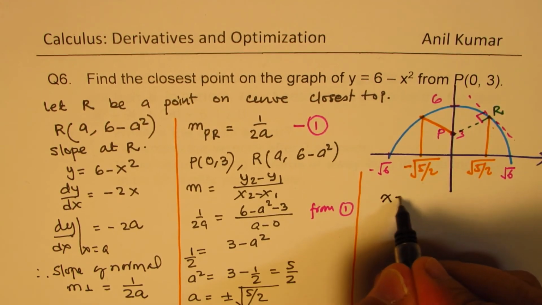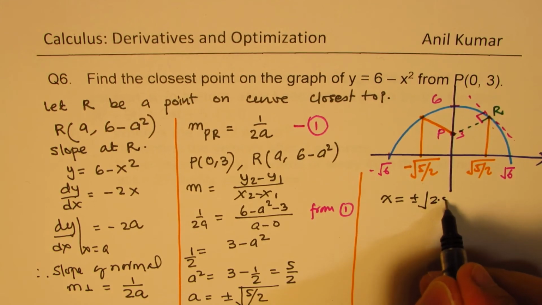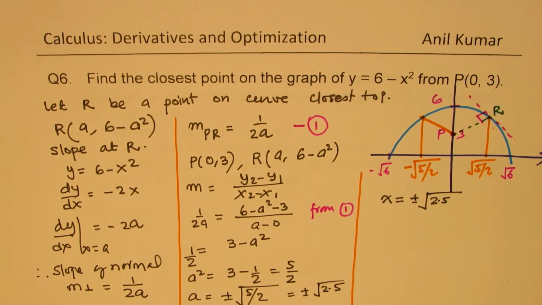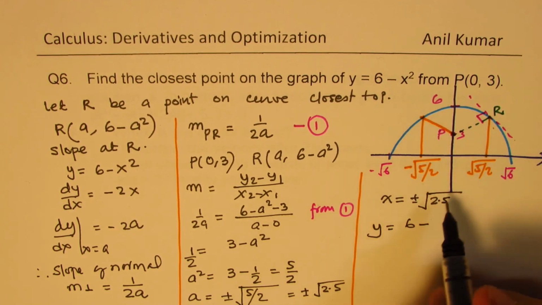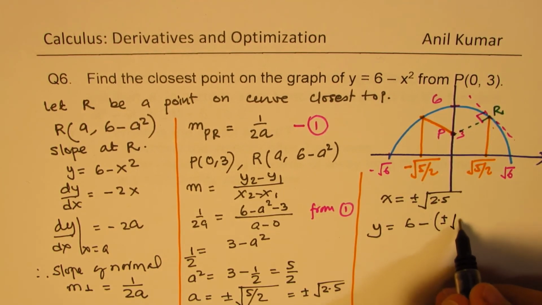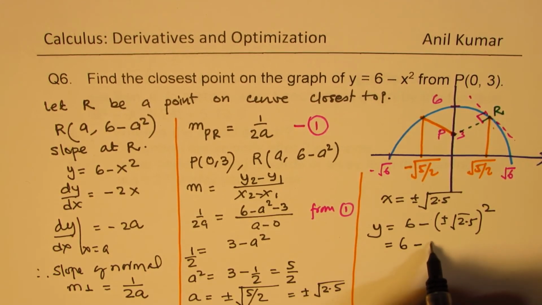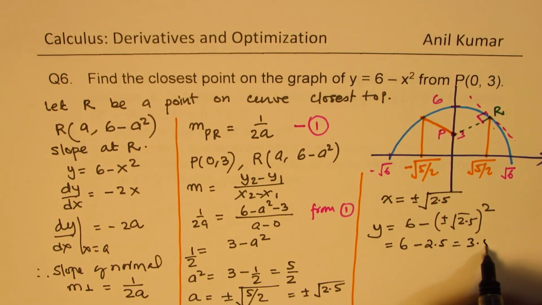The value of x is plus or minus square root of 2.5. The y value will be 6 minus the square of this, plus or minus square root of 2.5 whole squared, which is 6 minus 2.5, or 3.5, correct?